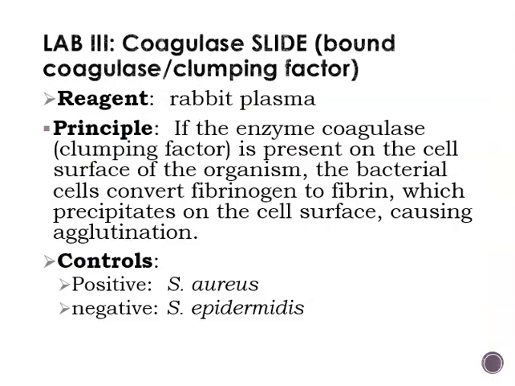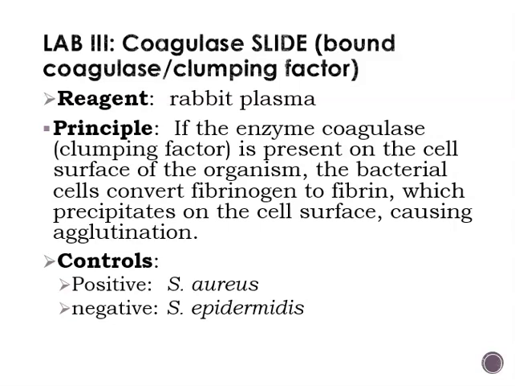The coagulase, and remember I said there are two different forms of coagulase test. We can either do the slide or the tube. Actually, there are more than that, because the one that you are going to perform in class is called a latex coagulase kit, but coagulase is how we differentiate coagulase positive staphs. The only coagulase positive staph is Staph aureus, so that has to be our positive control.